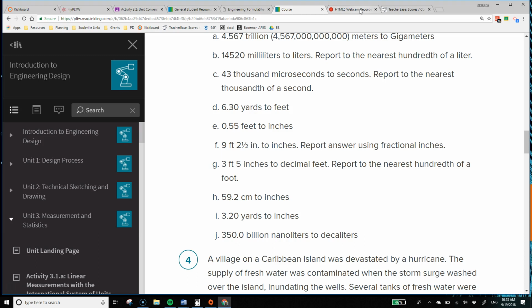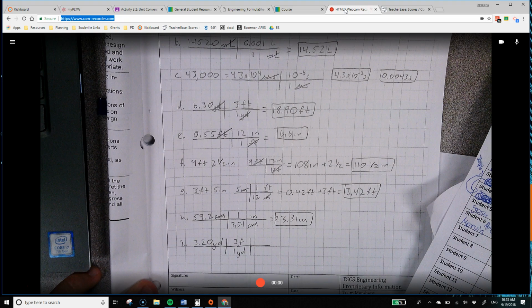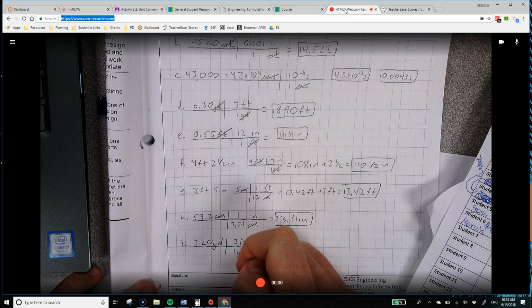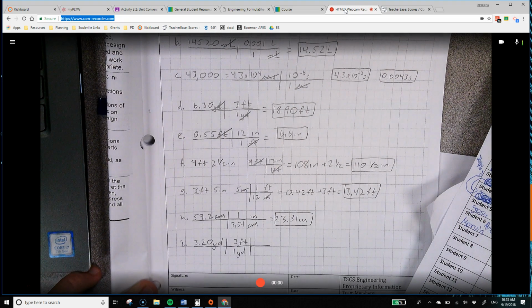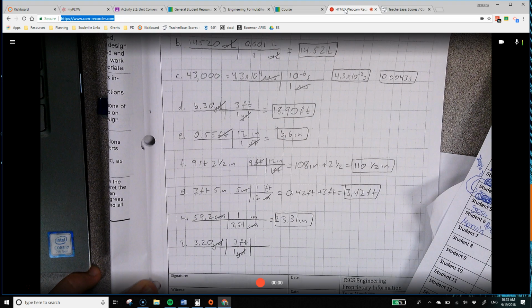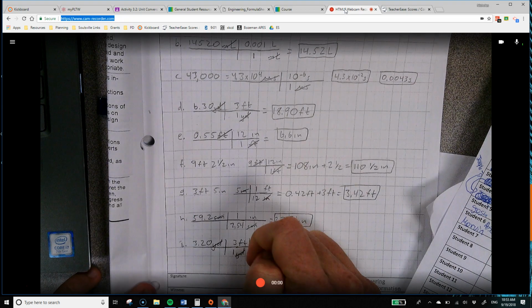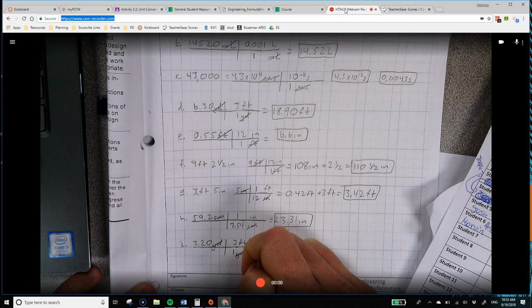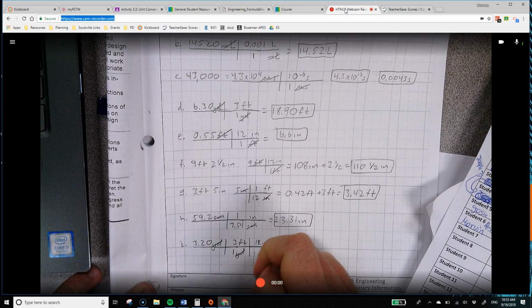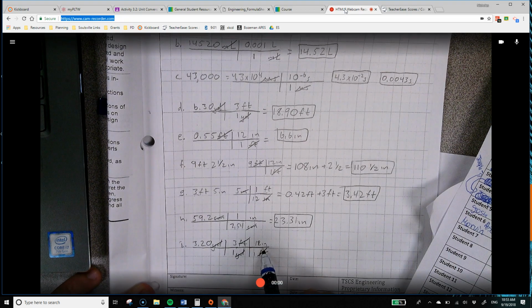And then before I plug that in, you guys can't see what I'm doing. Here we go. Before I plug that in, I want to go ahead and put in my conversion from feet to inches. So what is my conversion from feet to inches? All right, 12 inches is 1 foot. Feet is on the bottom so it can cross out. And now I should get my answer in inches.